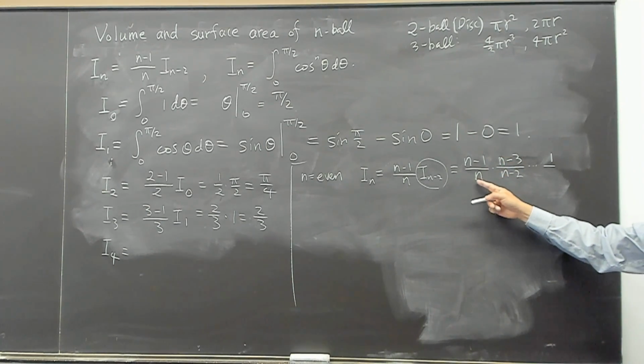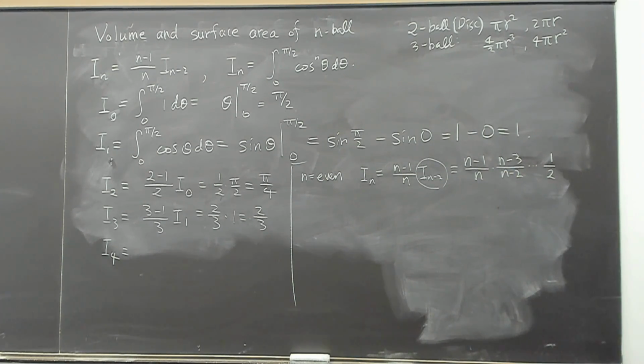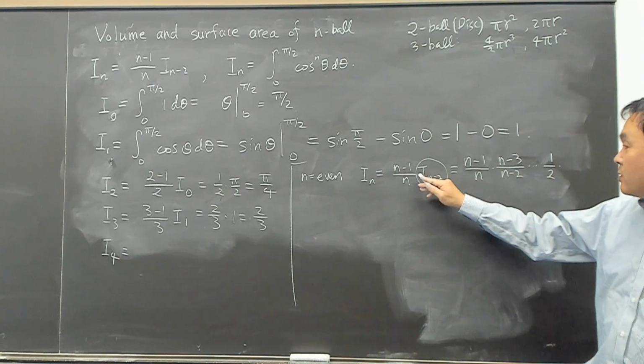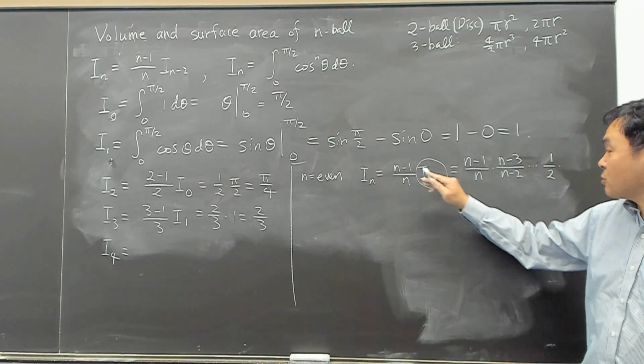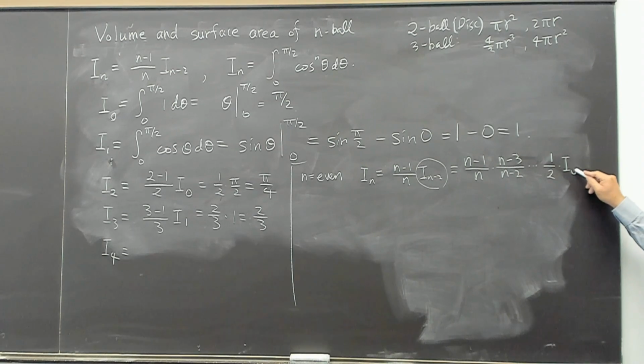And because this denominator is always 1 more than the top, you're going to stop at 2. And then, see, this number is always 1 less than this one, so if you have 1, you get I of 0. And I0, we know it to be pi over 2, so it's going to be pi over 2.